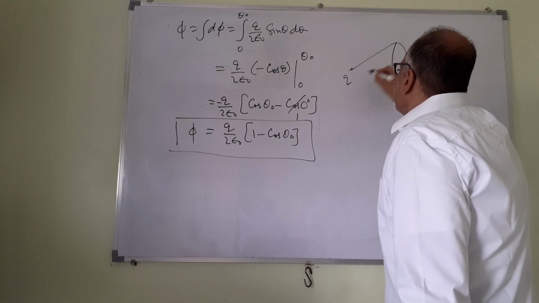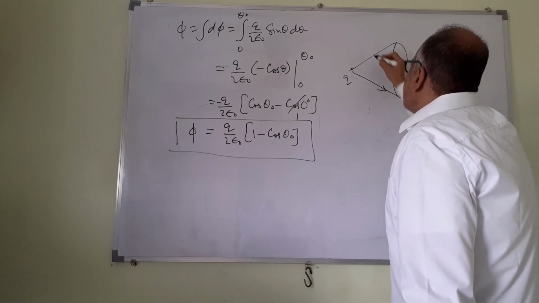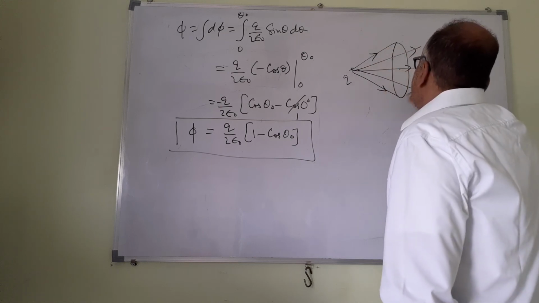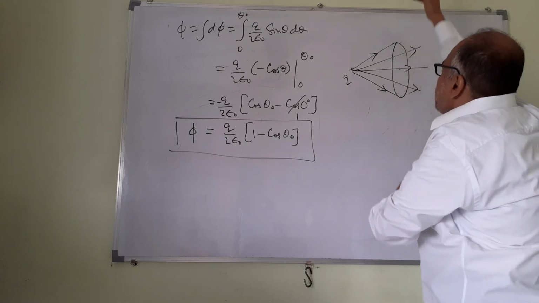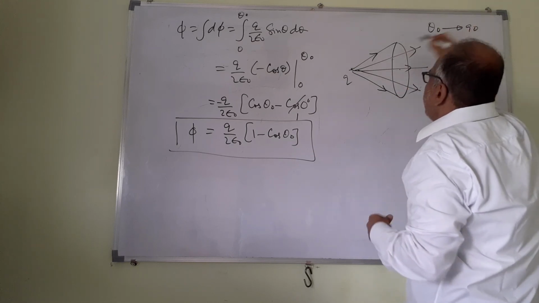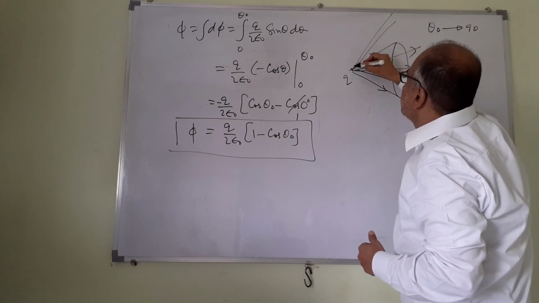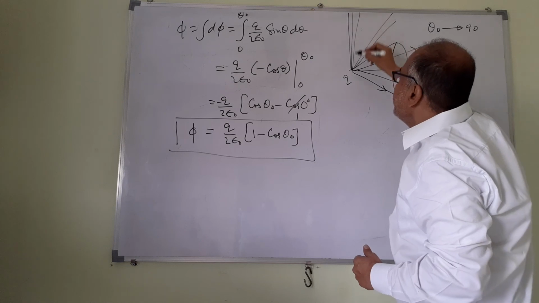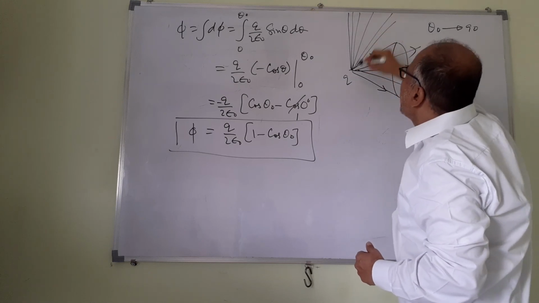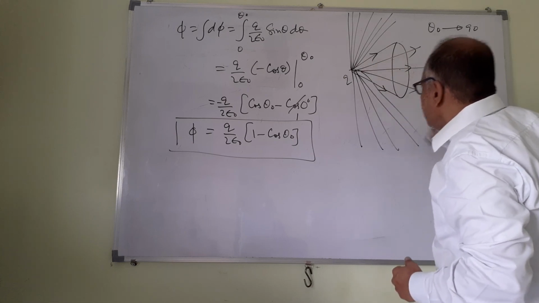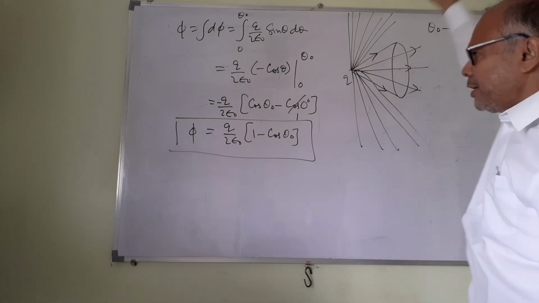The lines of force were like this, passing. Now when you make the disk bigger and bigger by making theta naught tend to 90, all these lines, except a line exactly at 90, would pass through the disk because the disk is infinitely large.